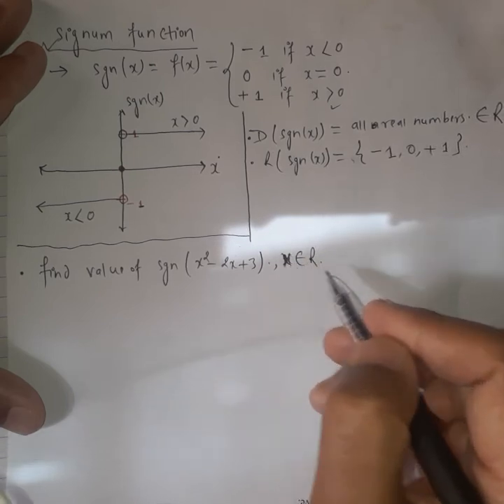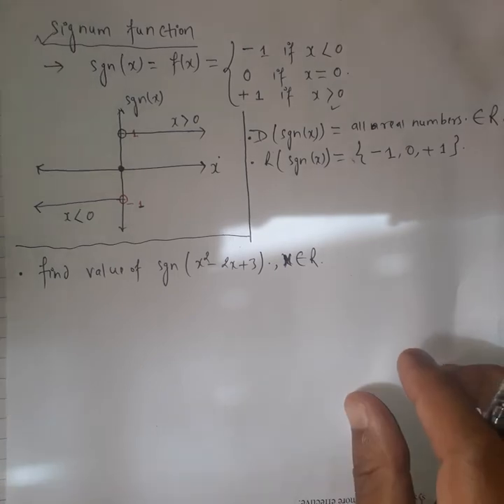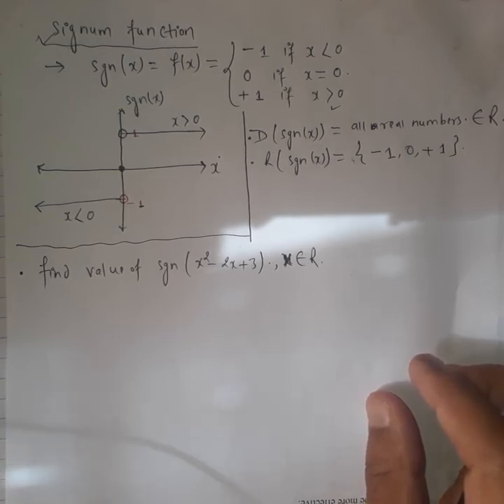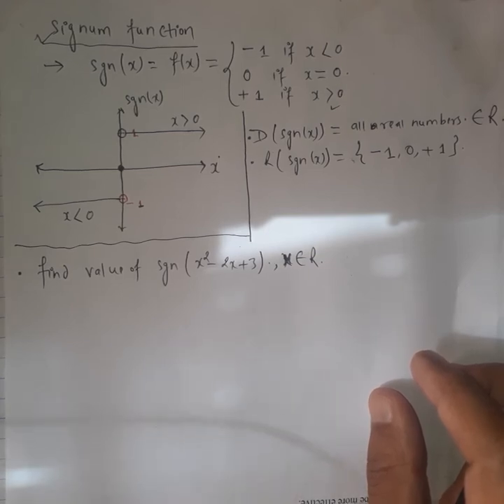We are going to find the signum of x square minus 2x plus 3, and x accepts all real numbers.